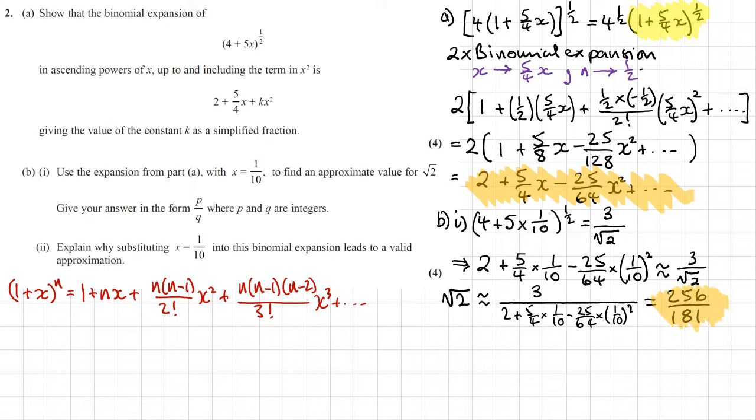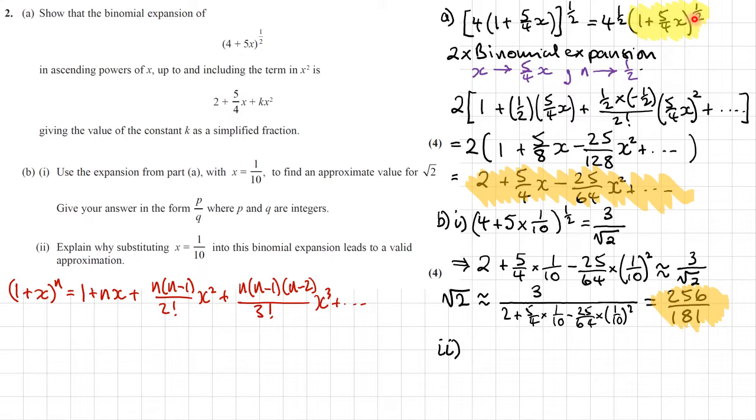Okay, so second part of part B says here, explain why substituting x equals 1 over 10 into this binomial expansion leads to a valid approximation. So we need to have a look at the expansion that we did and see what it's valid for. Now to do that, we need to look at what we actually expanded.